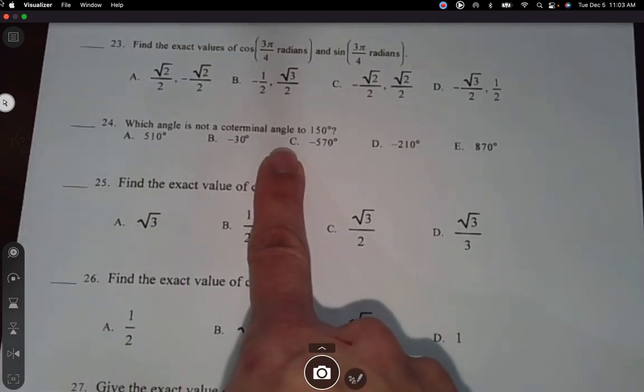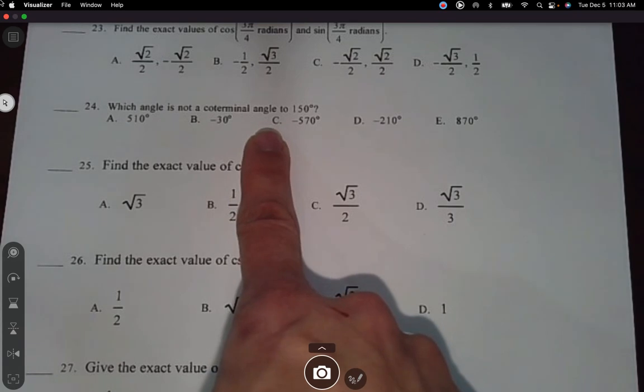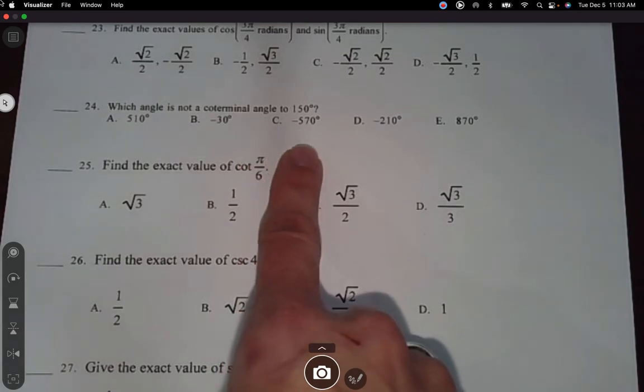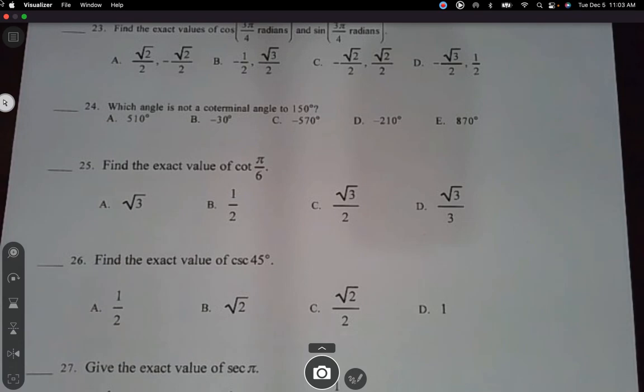Which angle is not coterminal to 150? So just add 360 twice and subtract it twice. So what's 150 plus 360? Okay, so that one's good. What's that plus another 360? 870.